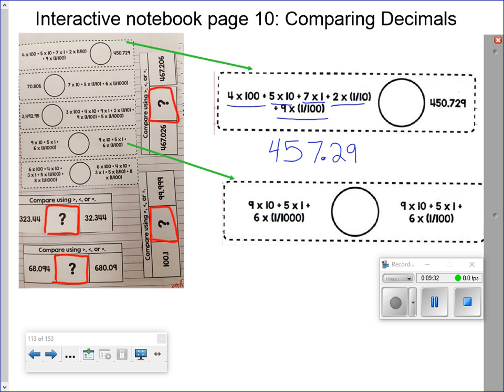So now if I compare the two numbers, I notice that in my ones place, here I have a 7, and here I have a 0. So it does not matter what's behind the decimal because the ones place is different. Therefore, 457 and 29 hundredths is greater than the other number. Okay, you can complete the rest of page 10 on your own.